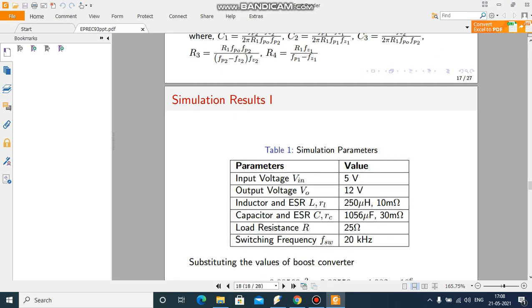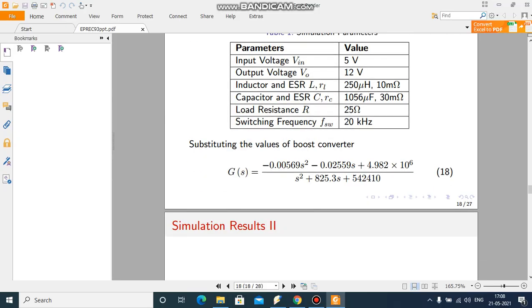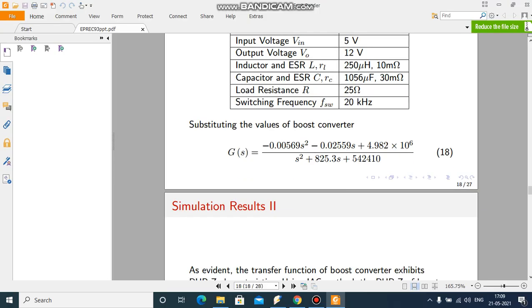Here in the simulation results, we have considered the input voltage as 5 volt and output voltage 12 volt. We have calculated the values of L and C, and substituting the values for the boost converter, we get G of S. But here you can clearly see the effect, because the negative sign in the numerator shows the RHPZ.